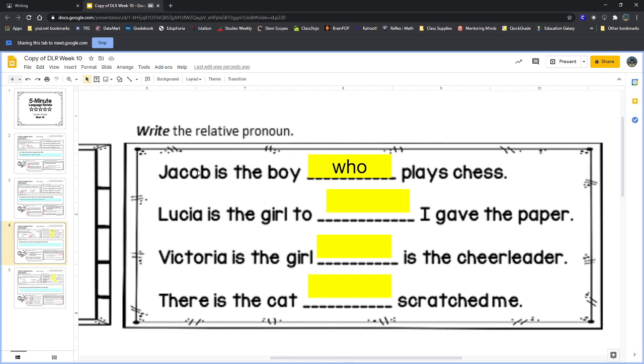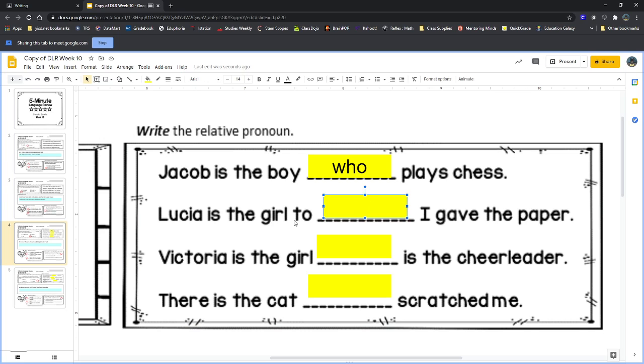What about the next one? Lucia is the girl to blank I gave the paper. Bella, what do you think? What word belongs in the blank? Okay. Who is not bad.